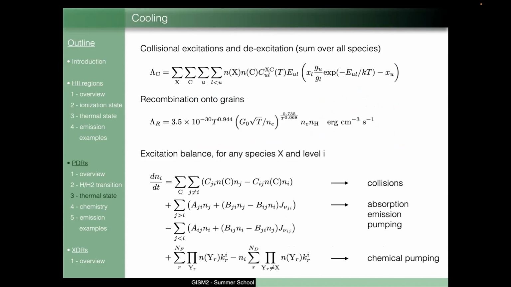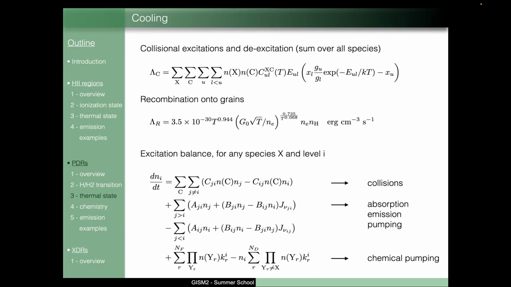And when it absorbs the UV radiation field, it goes to an excited state, and then by fluorescence, it goes back to the ground electronic state. But when it goes back to the ground electronic state, it is in an excited rovibrational level. And this level has some probability to de-excite collisionally.